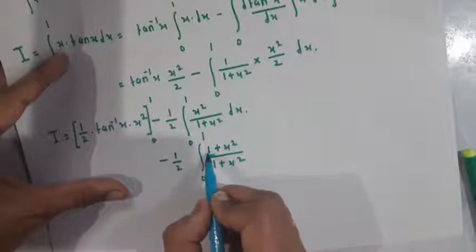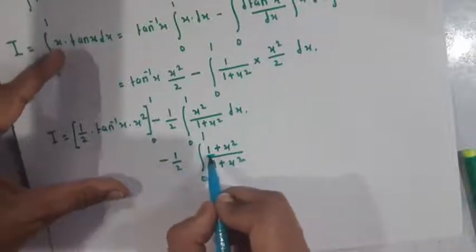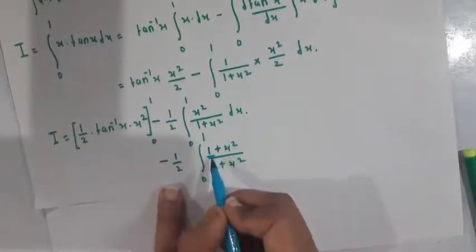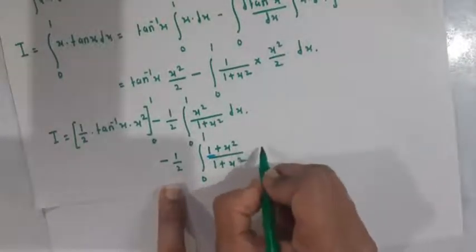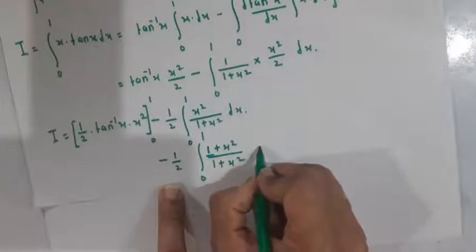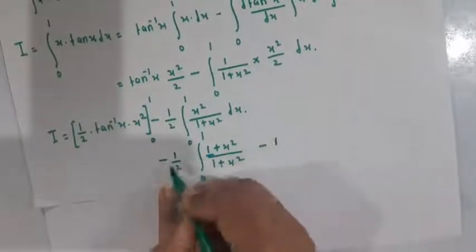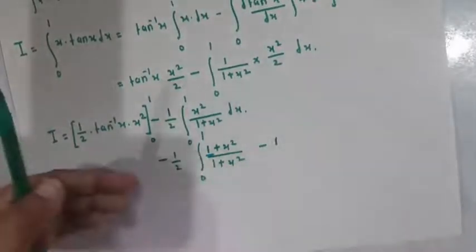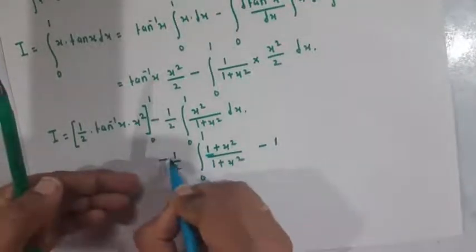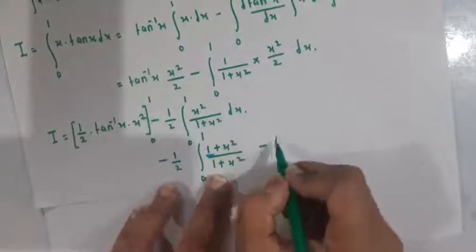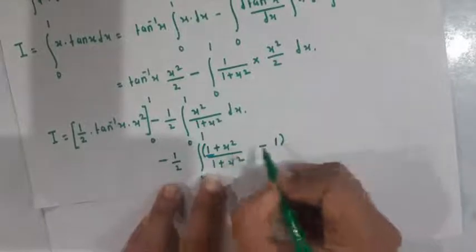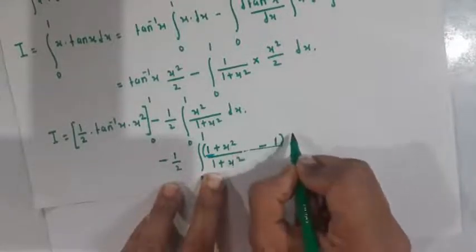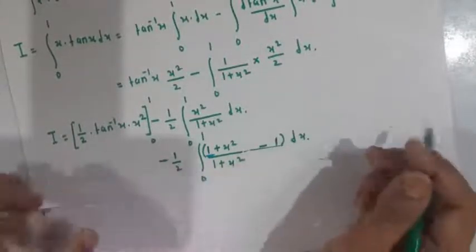The minus 1 is adjusted here, then we adjust the minus minus plus 1. So this is minus 1 upon 1 plus x square with respect to x.